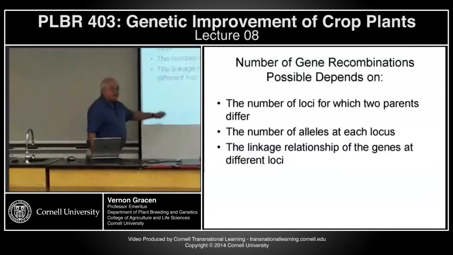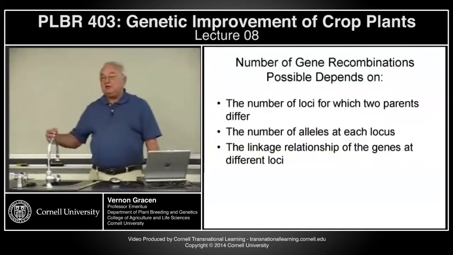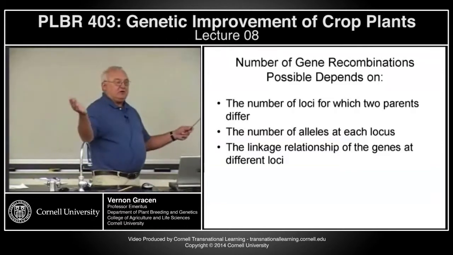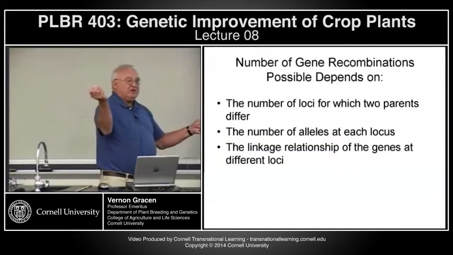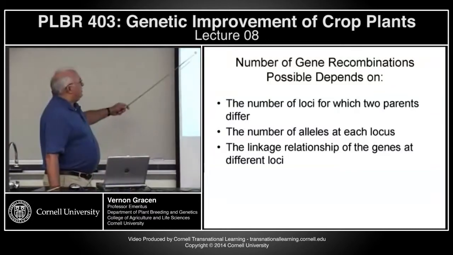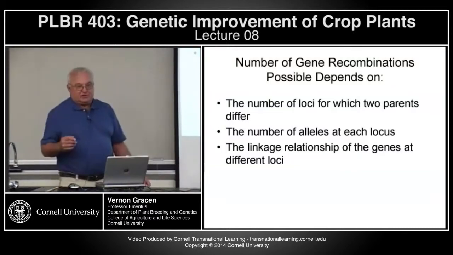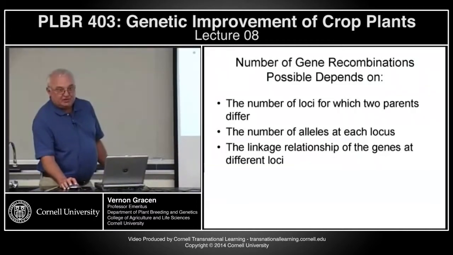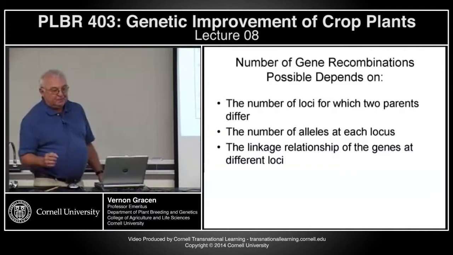The number of alleles at each locus, if you have multiple alleles at loci and you have parents that contain, you don't just cross two individual plants, you often cross several plants for each parent type. And of course, linkage relationships affect the nature of recombinations you can get out of an F2.